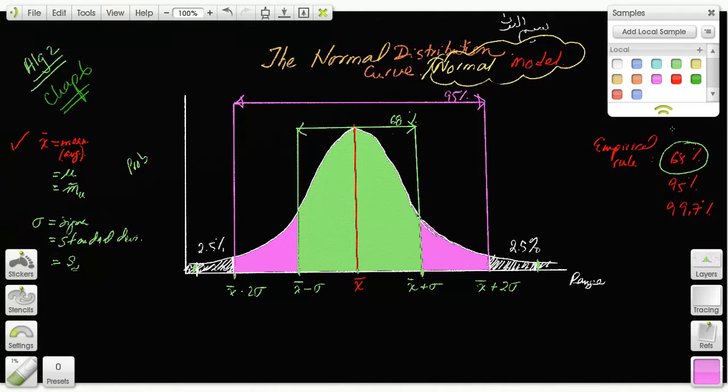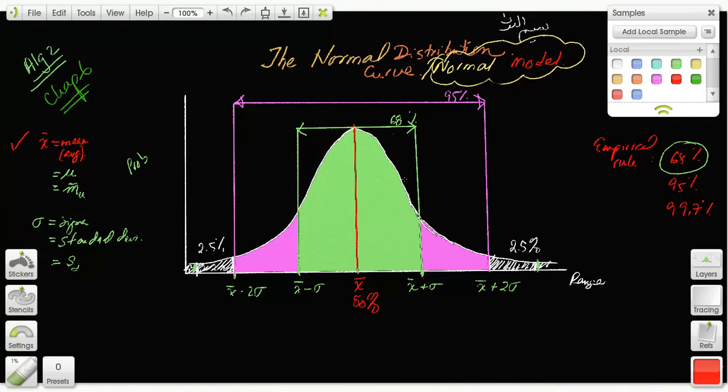So now there are other things here. Now if you were to look at this, the mean is smack in the middle of the whole data set, right? So 50% of the data is on this side and 50% of the data is on this side, because this graph is symmetrical.